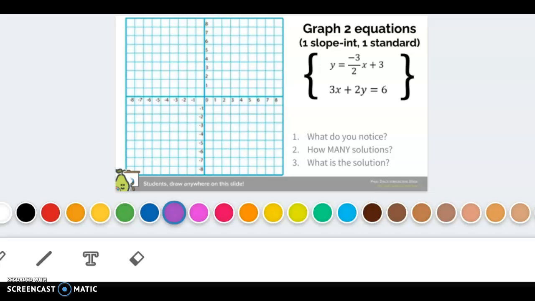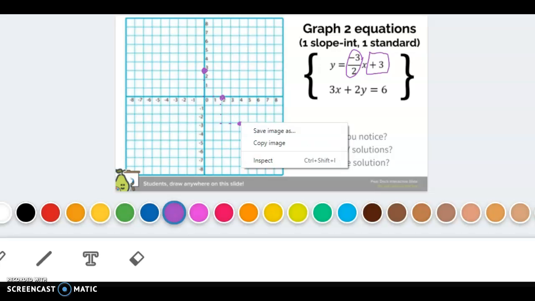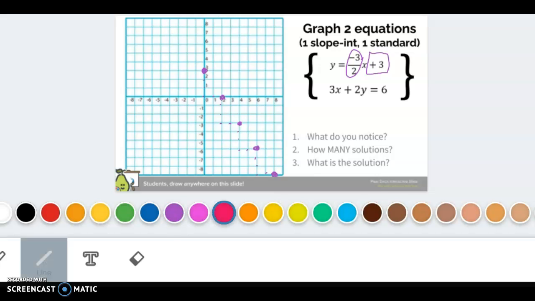Okay, so on this one, I'm going to graph the first one because it's in slope-intercept. So I'm going to graph +3. And I'm going to do my slope, down 3, right 2. Okay, I'm going to make my first line.